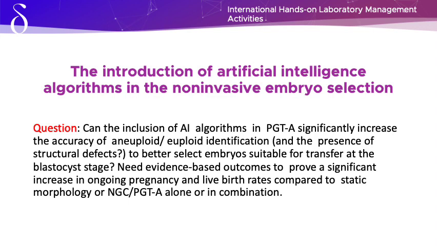So one question is, can the inclusion of AI algorithms in PGTA significantly increase the accuracy of aneuploidy and euploid identifications, perhaps even structural defects, but I don't think so, to better select embryos suitable for transfer at the blastocyst stage? But you need evidence-based outcomes to prove a significant increase in ongoing pregnancy rates occur, as well as live birth rates, compared to static morphological or just gene DNA sequencing alone or in combination.